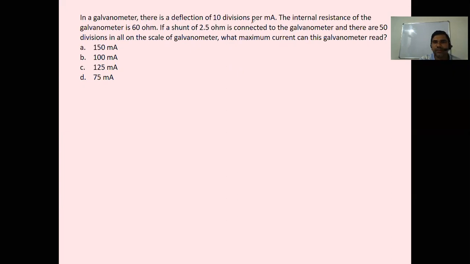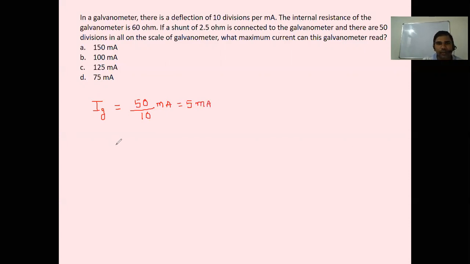There is a deflection of 10 divisions per milliampere and the total divisions they have given is 50. So the galvanometer can measure maximum Ig equal to 50 divisions at 10 divisions per milliampere, which is 5 milliampere. This is the maximum current it can read.